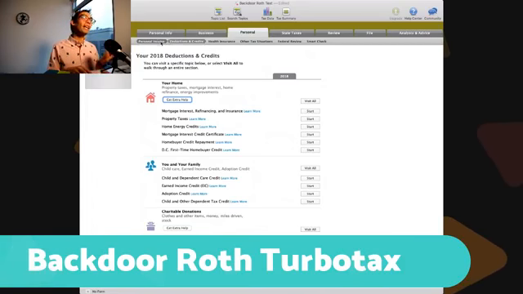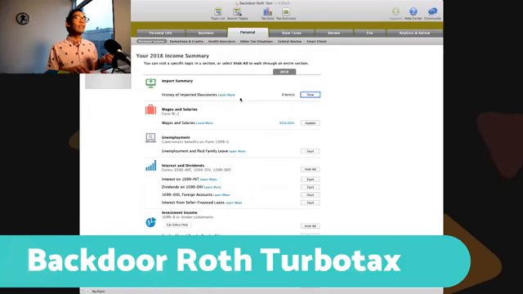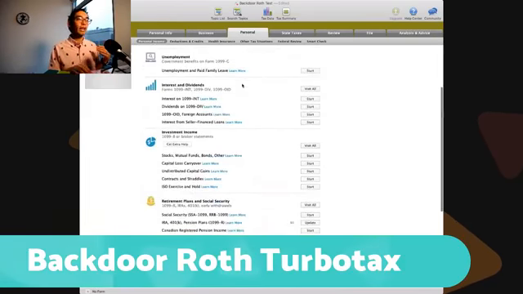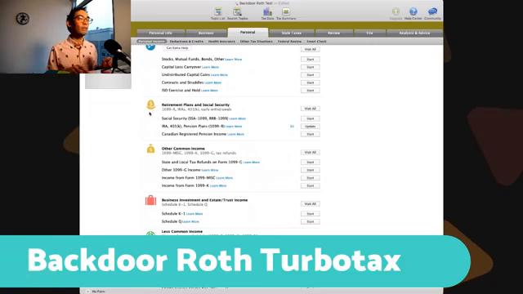Now you have to go back to income to do the second part, which is the Roth conversion. So now I'm going to go back to income and scroll down. And you see here the same portion, retirement plans, Social Security, that yellow egg with a dollar sign or whatever that symbol is.